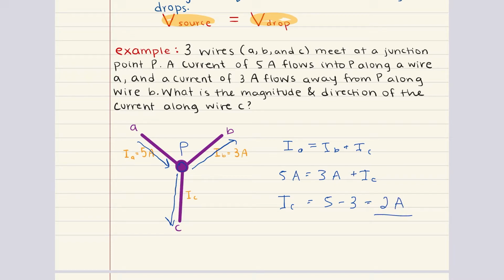Notice that this value is positive, which means our assumption is correct. Current flows away from P along wire C, and the current in wire C is equal to 2 amperes.